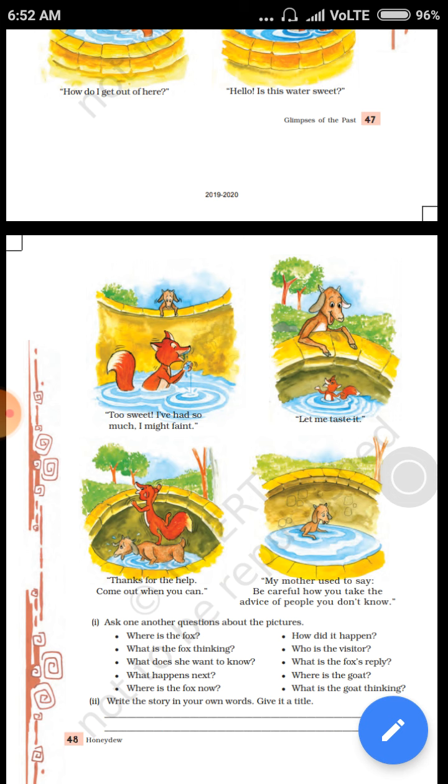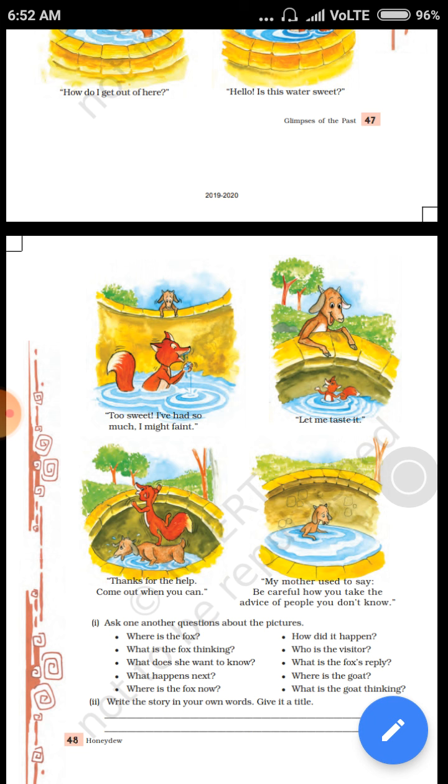Next question. What happens next? The goat jumps into the water. Next question. Where is the goat? The goat is in the well now.